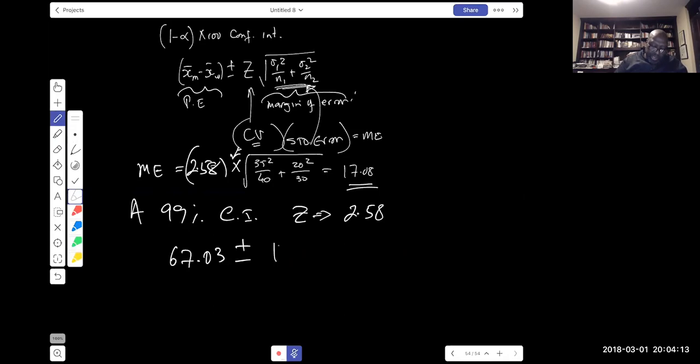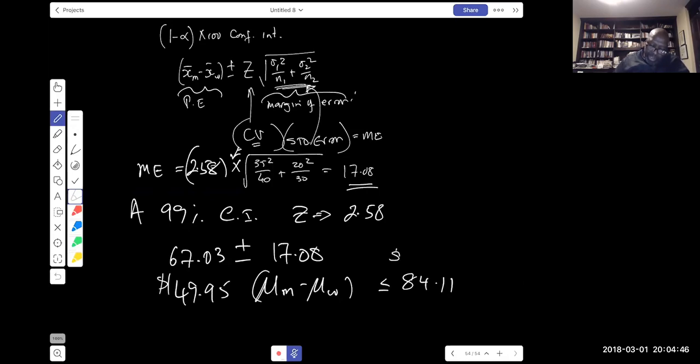So this is plus the 17.08. All right? And that turns out to be mu of men minus mu of women. If I add 17.08 to that value it will give me 84.11. And if I subtract 17.08 from 67.03, that value will be 49.95.